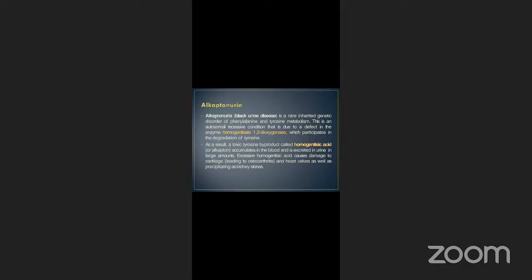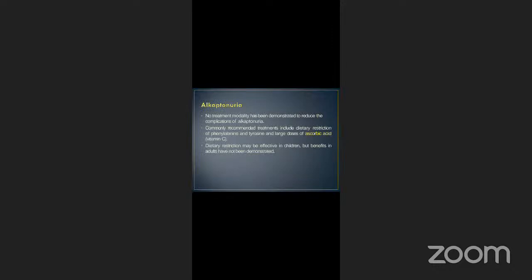When this is defective, the toxic tyrosine byproduct, homogentisic acid, gets accumulated, that is alkapton. This accumulates in the blood and is excreted in the urine. When this urine is exposed to air, it will convert into black color. Excessive homogentisic acid causes damage to cartilage, heart valves, and even precipitates in the form of kidney stones.